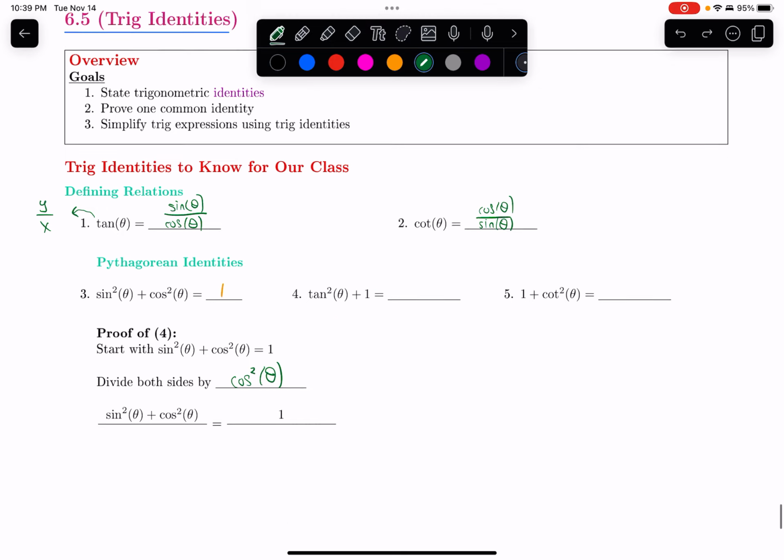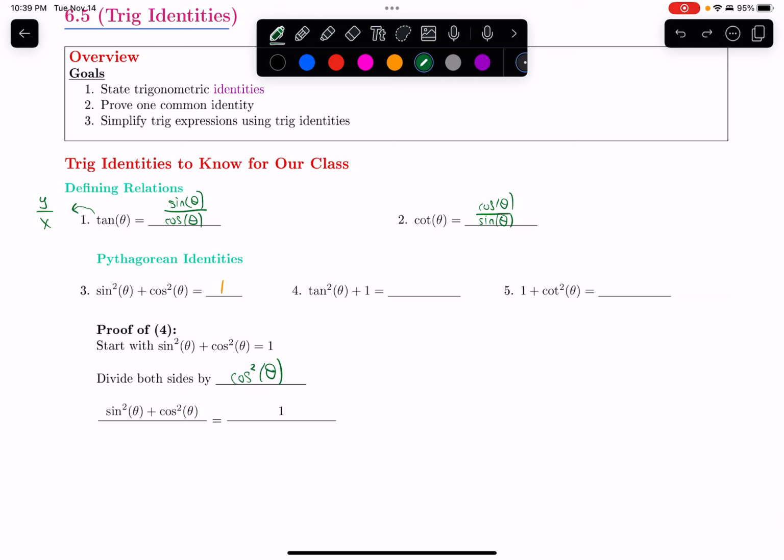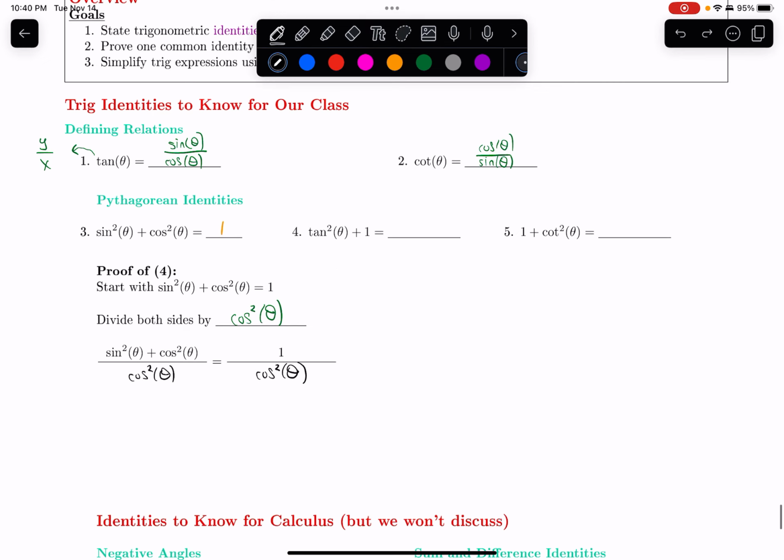Let's see why. If I divide the left-hand side by cosine squared theta, then I have to do the same thing to the right side. So 1 over cosine squared theta. Now on the left, I can split this up into two fractions. I'll get sine squared theta over cosine squared theta, plus cosine squared theta divided by that denominator, cosine squared theta.